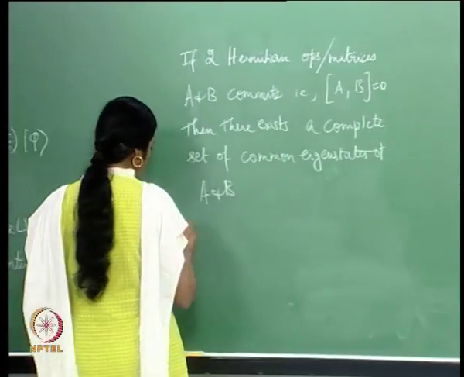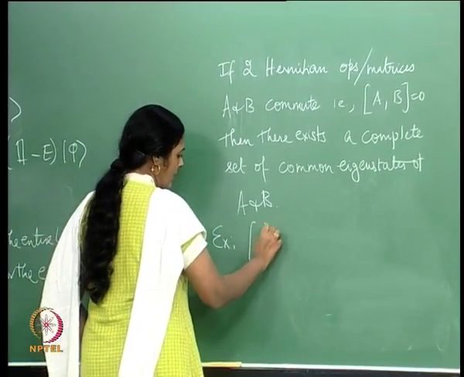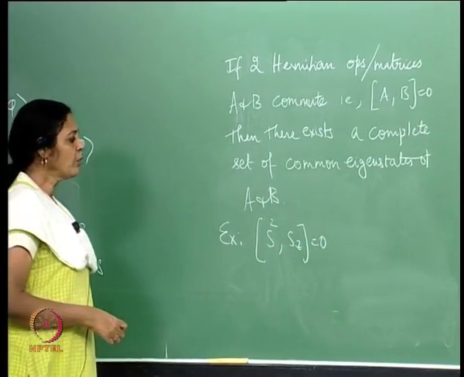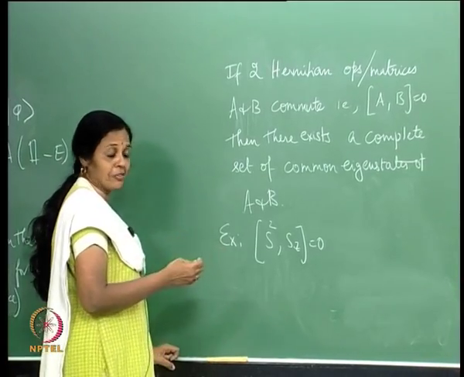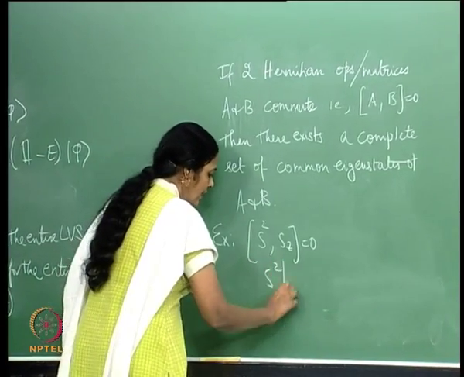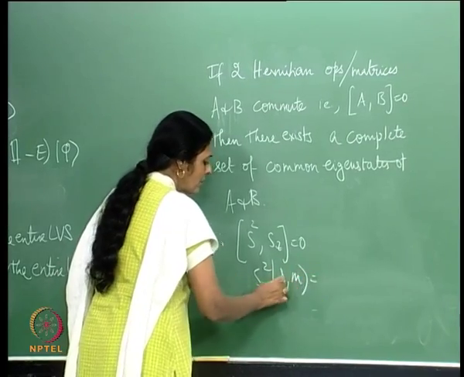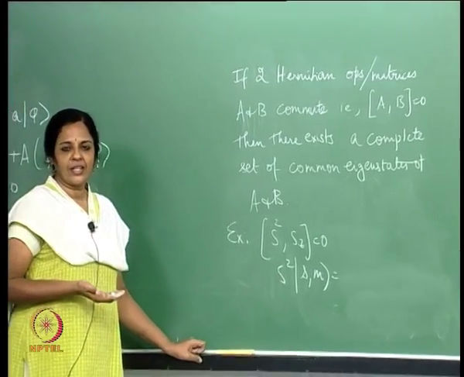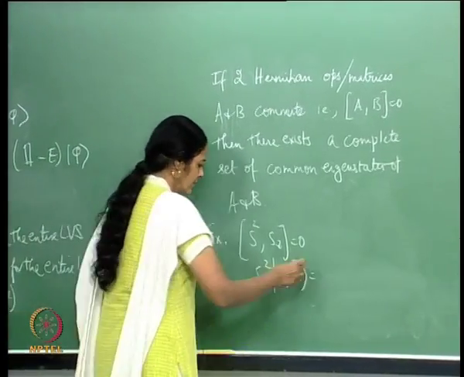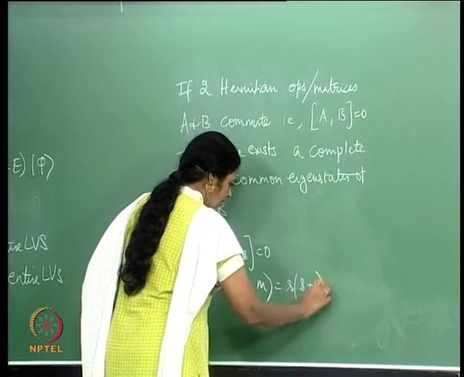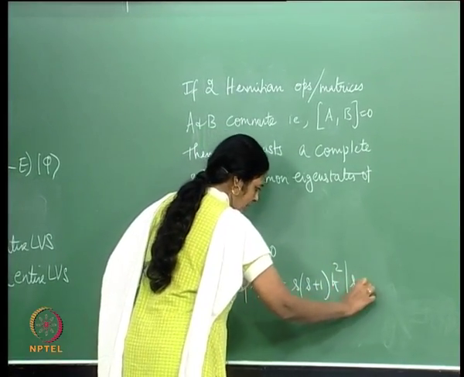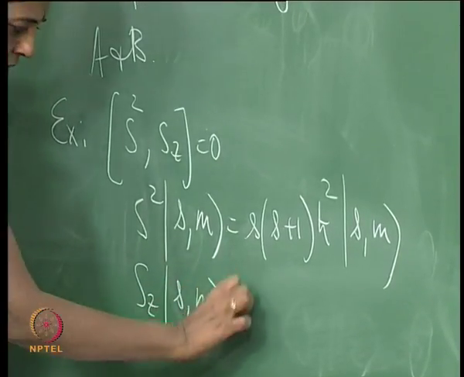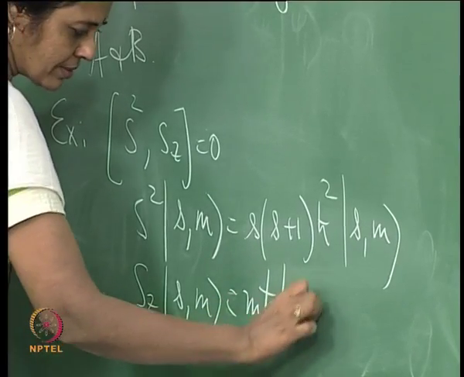So, we had the commutator of S squared and Sz equal to 0, and we found a complete set of common eigenstates labeled by the two quantum numbers S and M. We certainly demonstrated in the case of the two level atom that S squared acting on S,M could be written as S into S plus 1 h cross squared S,M, and Sz acting on S,M is M h cross S,M.